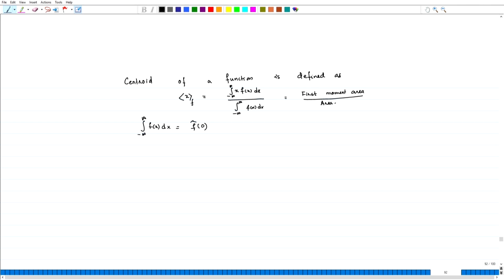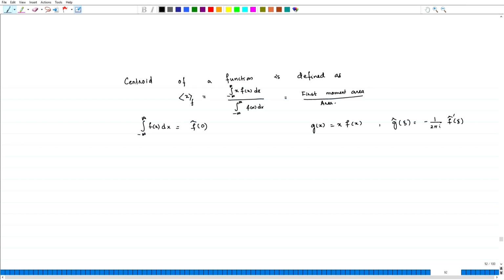And what we know is that if I take my g of x is equal to x f of x, then g hat at xi is equal to minus 1 by 2 pi i f hat prime at xi.